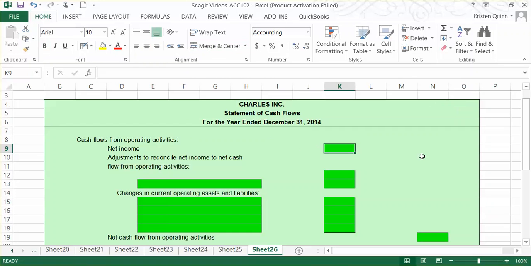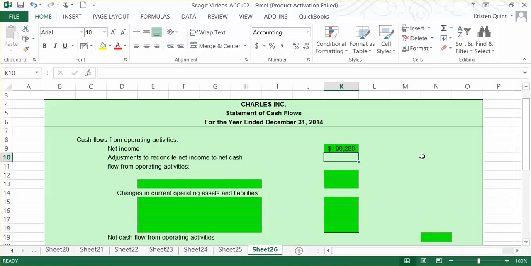We now need to come up with the adjustments to reconcile our net income to net cash flow from operating activities. This is where we need to look for income statement items that we need to adjust net income for. Those income statement items would include expenses that have no cash impact and gains or losses from the sale or disposal of non-current assets.